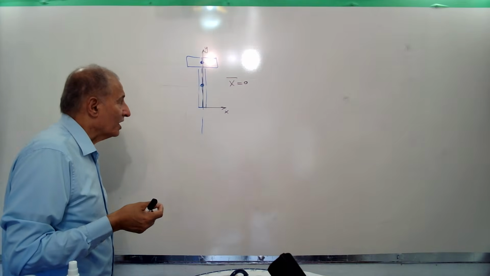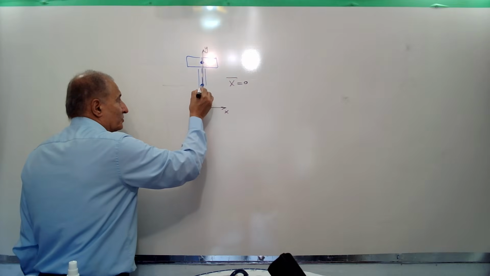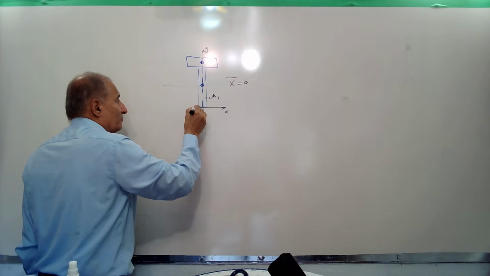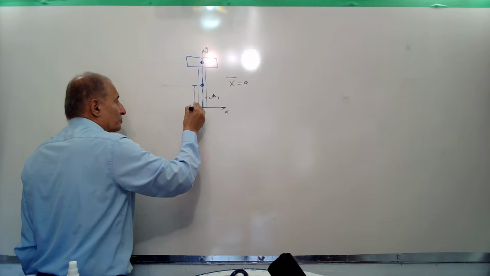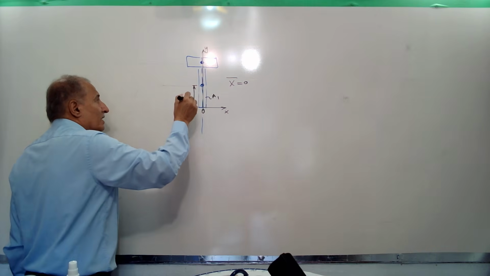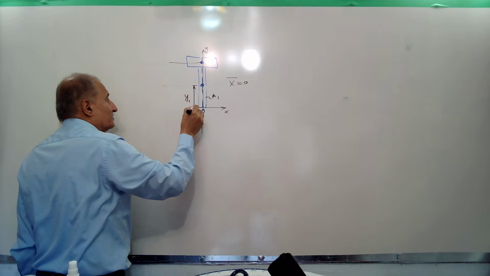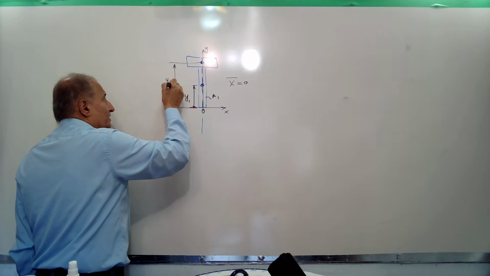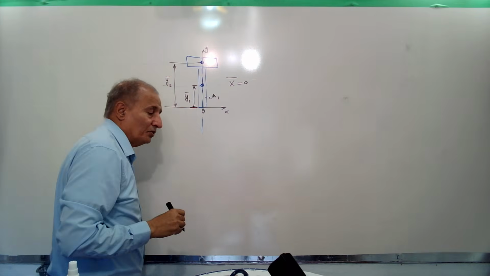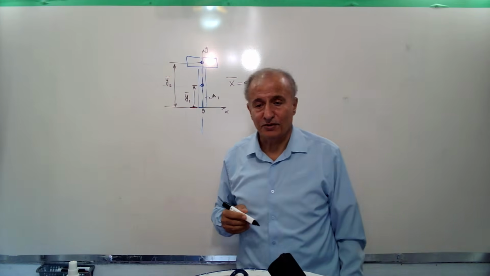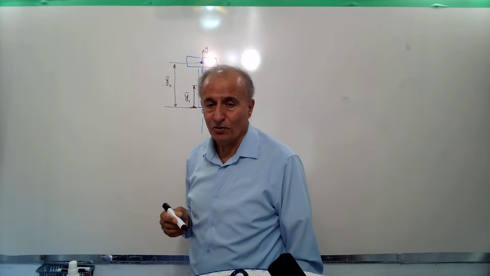In order to find out, we must first find the y coordinate of each centroid. We call this area A1, and the centroid of it from origin O is y1, and the centroid of the second one from the origin is y2. Because it shows the centroid of each area, we can show it by y bar with respect to O.